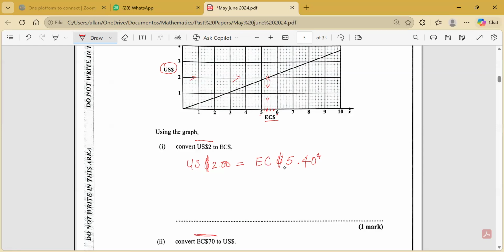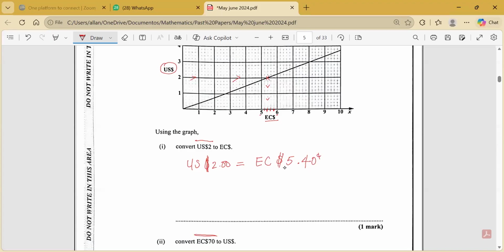When you look at the graph, the highest on the EC dollar side is 10. That goes up to, well, it looked like 3.8. It does look like $4. Now do you hear that, everybody?